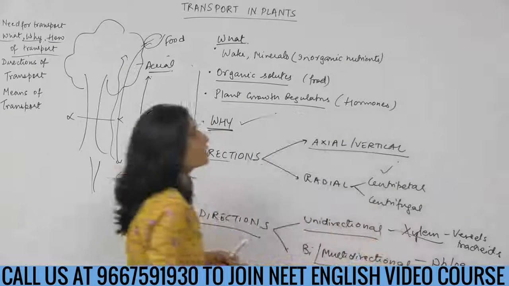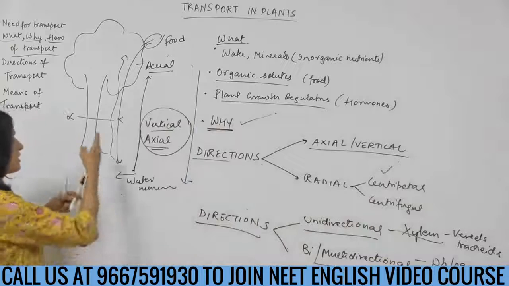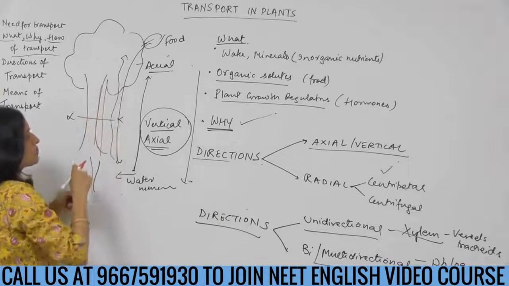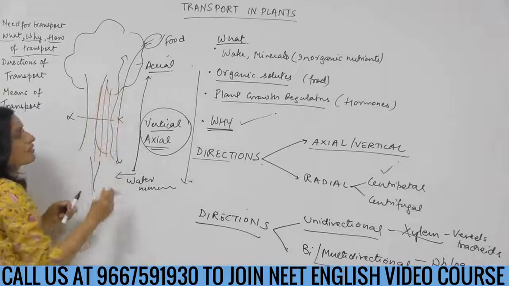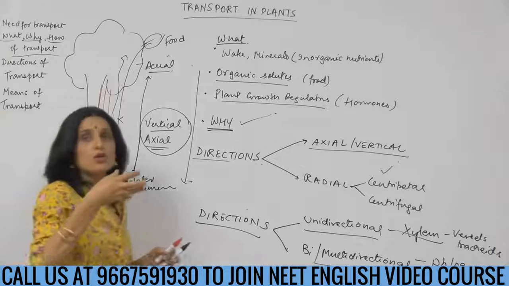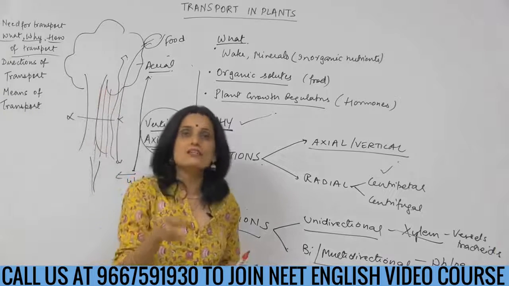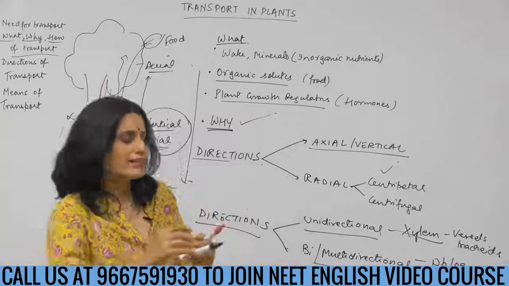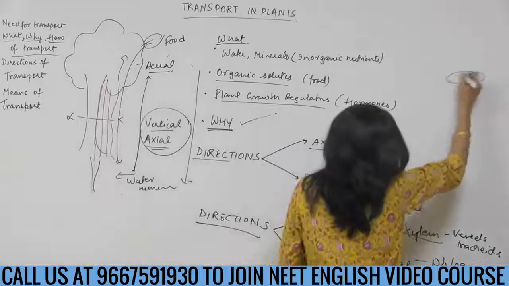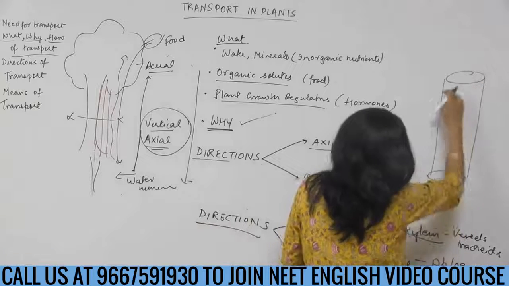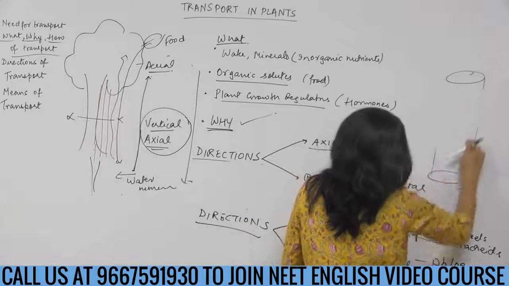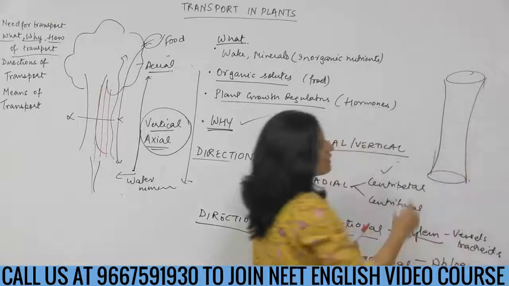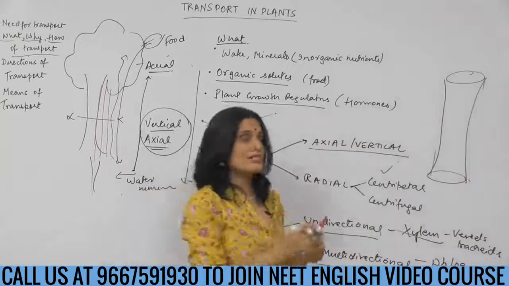Now obviously the vessels, the tracheids and the sieve tubes are all running through the roots and the stems of the plant in the core region or the stellar region. So when we just take them out to have a look, what would you find there? Let's understand. Now suppose this is a sieve tube. Let me make a better shape to give you an idea of how a sieve tube looks like. So this is the sieve tube. It actually looks like this.